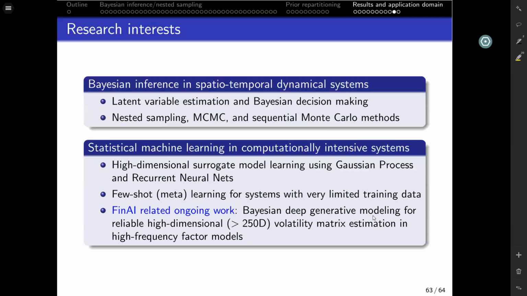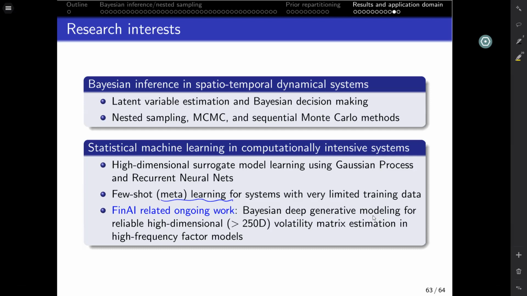And here's my own research interest other than the one I just showed. I basically do latent variable estimation and Bayesian decision making using Monte Carlo methods, and also work on high dimensional surrogate model learning using Gaussian processes and recurrent neural nets, and meta learning using very limited training data.